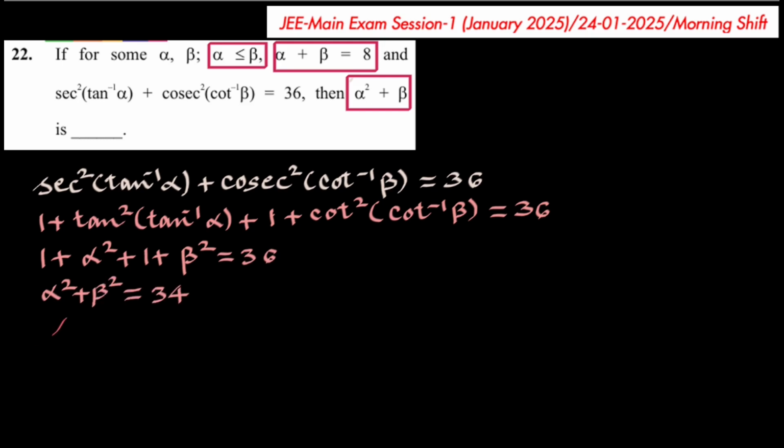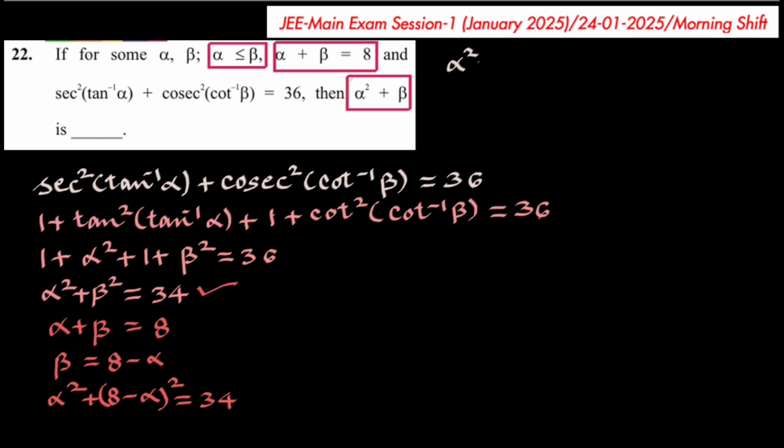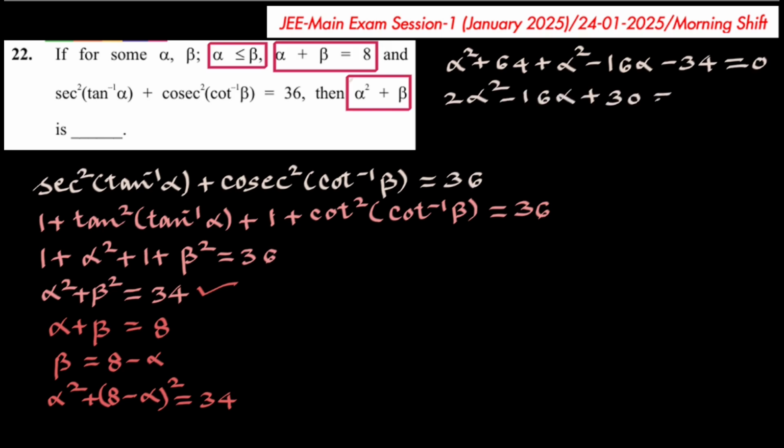We are given alpha plus beta equals 8. Beta is 8 minus alpha. So this becomes alpha square plus 8 minus alpha whole square equals 34. Alpha square plus 64 plus alpha square minus 16 alpha minus 34 equals 0. 2 alpha square minus 16 alpha plus 30 equals 0.